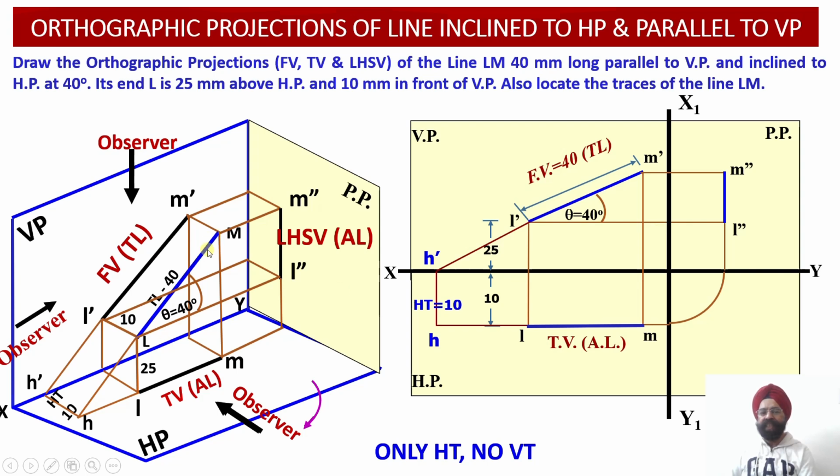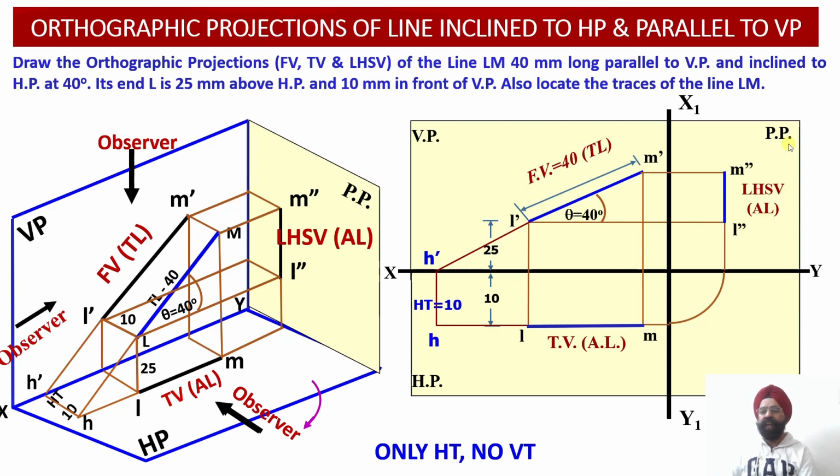Since this line LM is inclined to the profile plane as well, the projections we have obtained onto the profile plane, that is L double dash and M double dash, represent the apparent length or the foreshortened view projections of the line LM onto the profile plane.